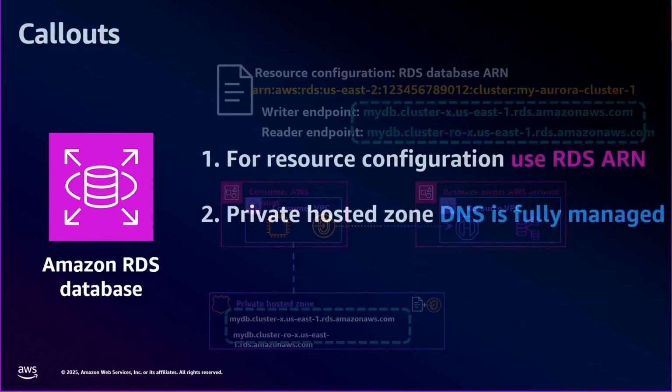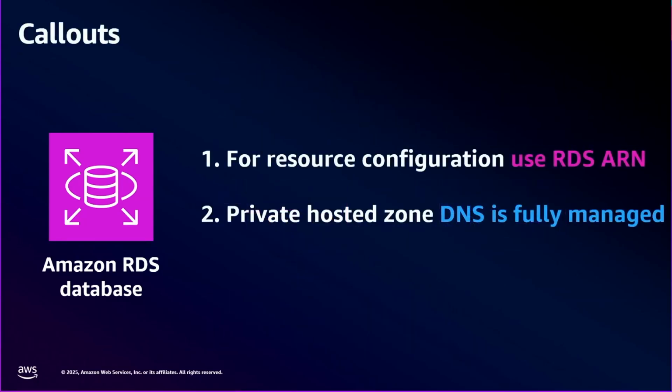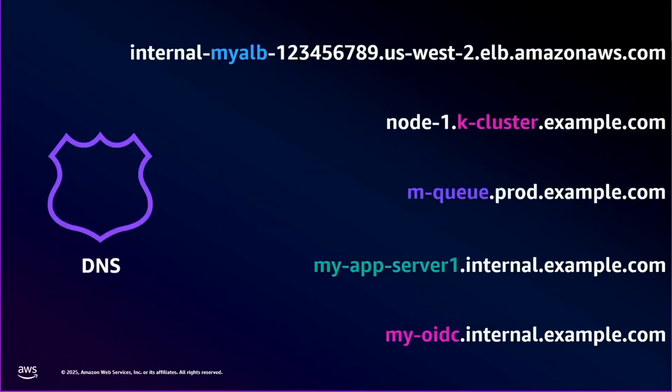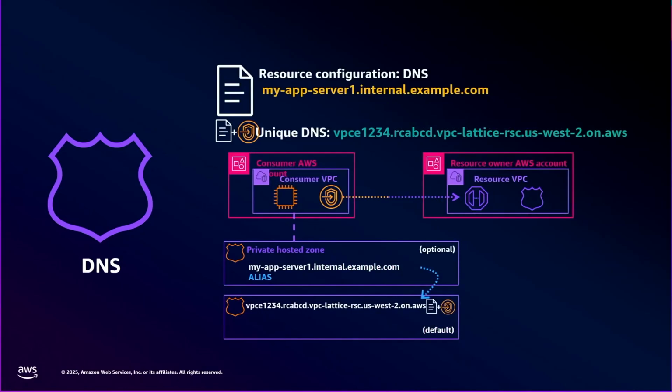So you configure the DNS ARN, and we do fully managed DNS for you. This simplifies it. But what if you want to use your own domain? We've got lots of customers who want to utilize their own DNS.